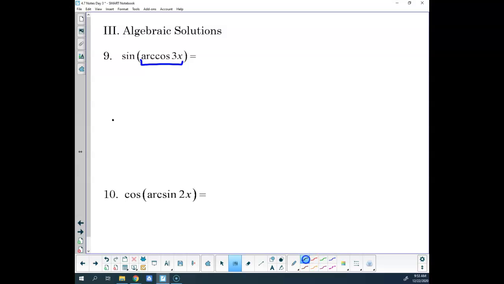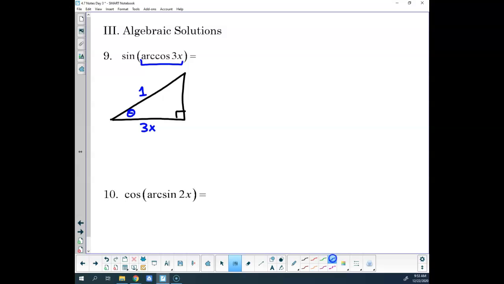Arc cosine is positive in quadrant number 1, so my theta is here. Cosine is adjacent over hypotenuse, so the adjacent side is 3x, and the hypotenuse is 1.